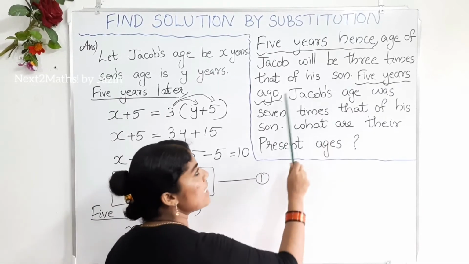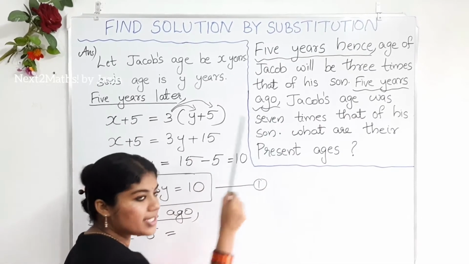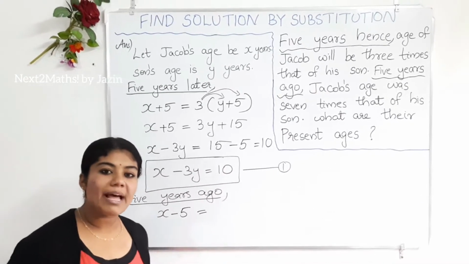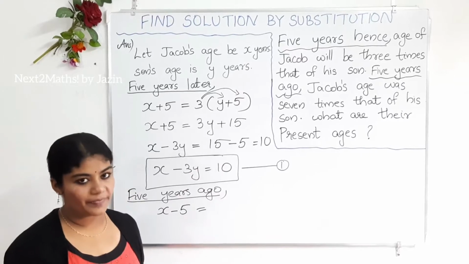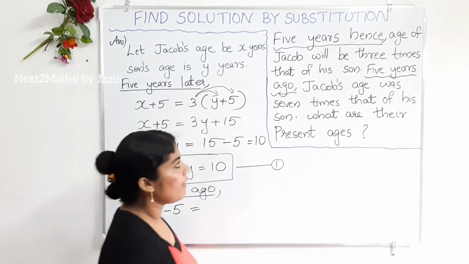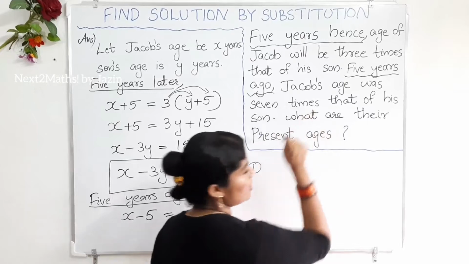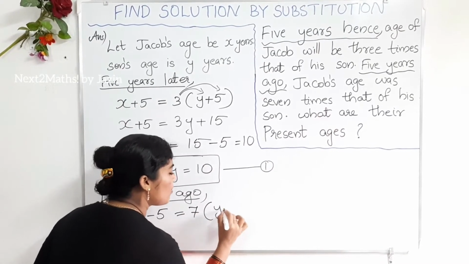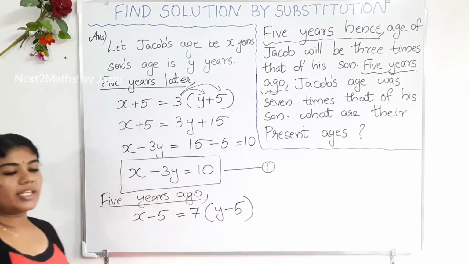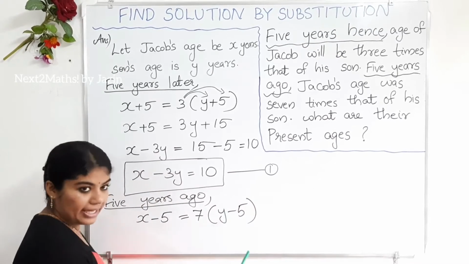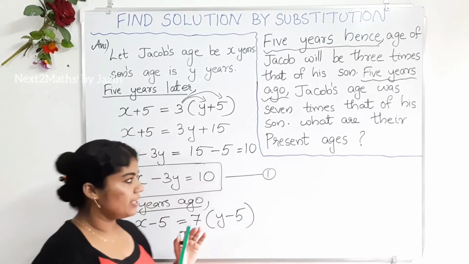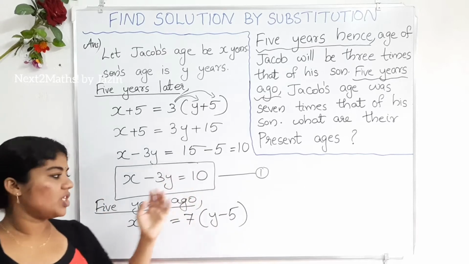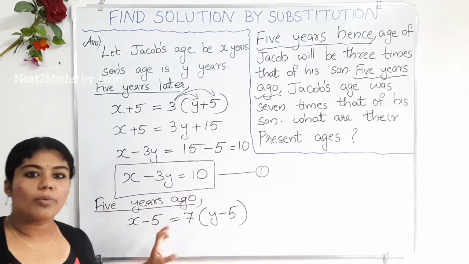So 5 years ago, what was the son's age? Yes, if now it is y, 5 years back it is y minus 5. That y minus 5 is 7 times. So you should write 7 times y minus 5. Now let's check this line again. Before that, one more thing: read the question one by one, then try to form your equation.